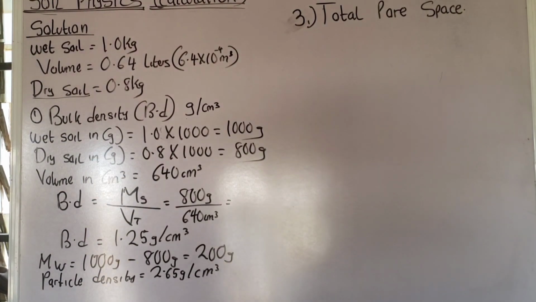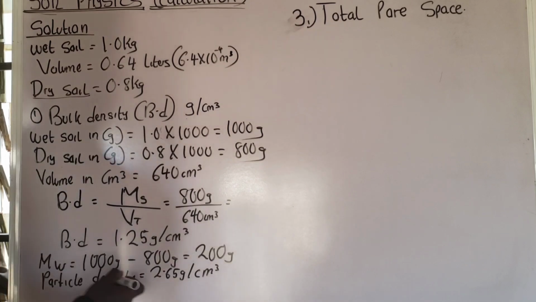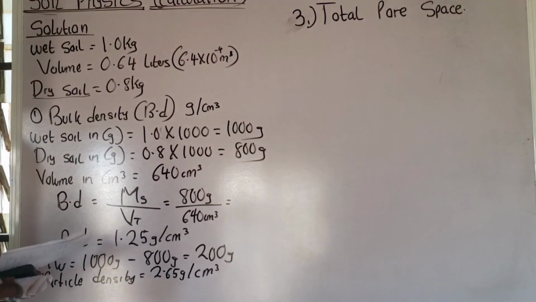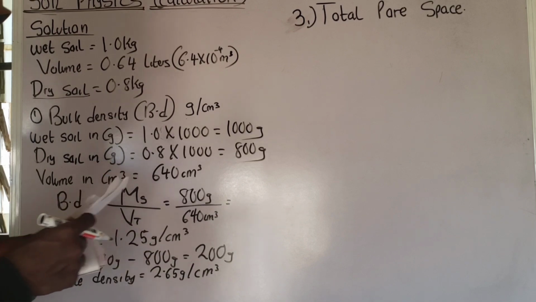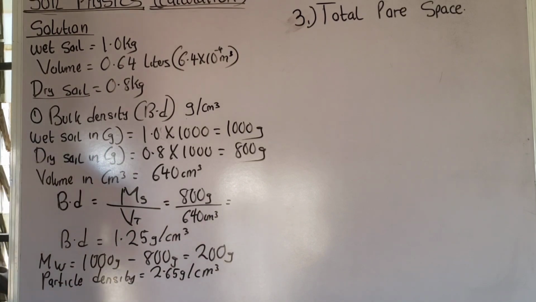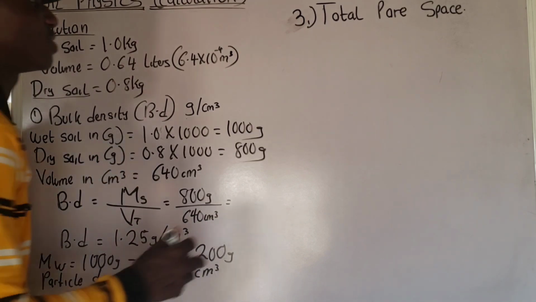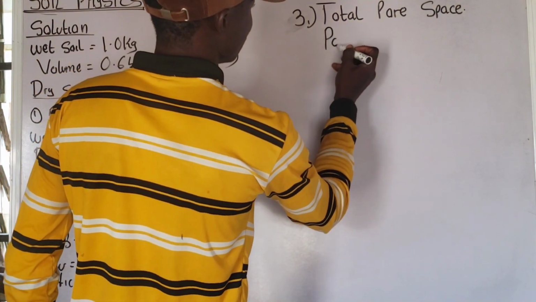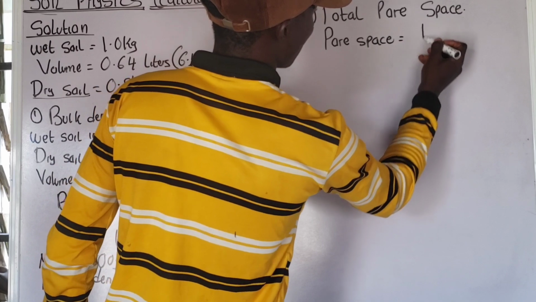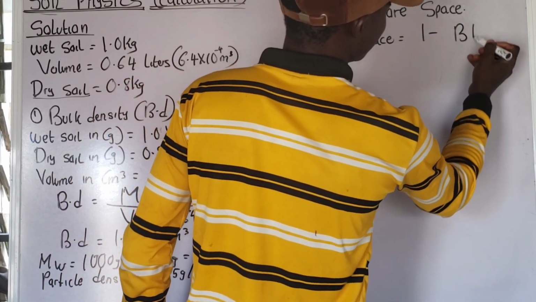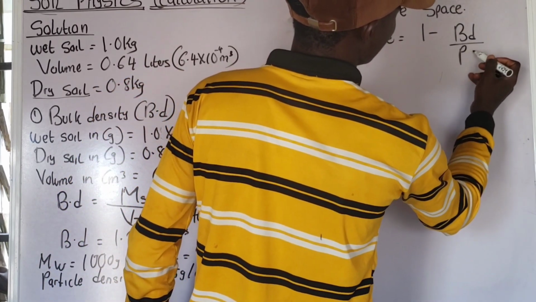We're going to make use of the particle density to determine the total pore space. That's why they give us that parameter in the question. So the total pore space is given by this formula: 1 minus bulk density over particle density.